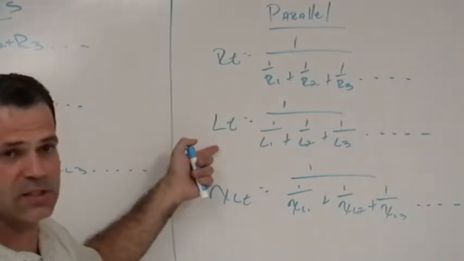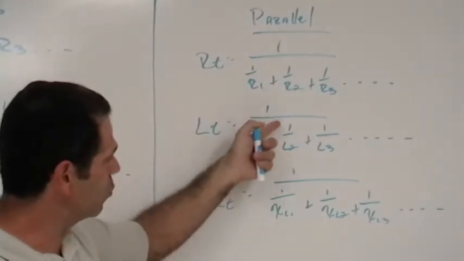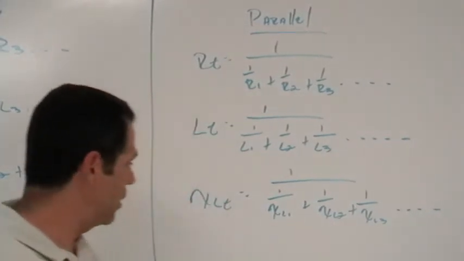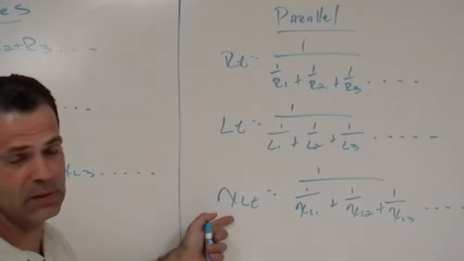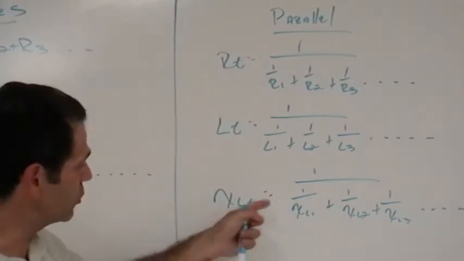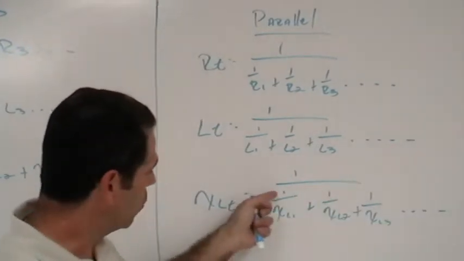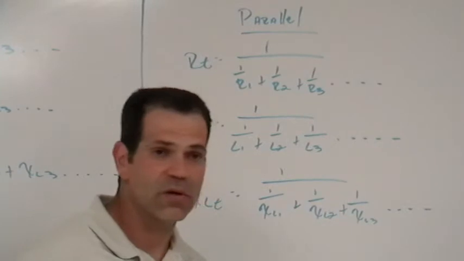For inductance, it's the same thing. 1 divided by 1 over L1 plus 1 over L2 plus 1 over L3 and so on and so on. For inductive reactance, same formula, because this is all in ohms. It's the reciprocal. 1 over X of L1 plus 1 over X of L2 plus 1 over X of L3.